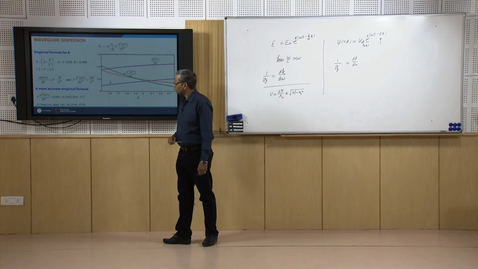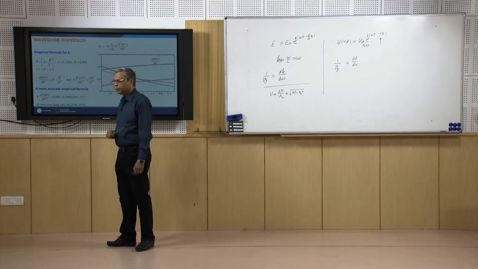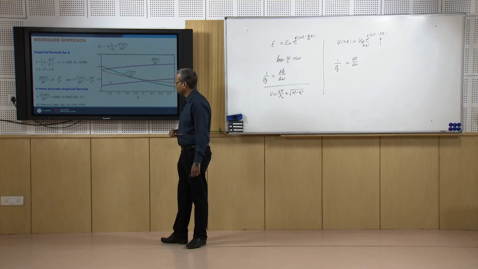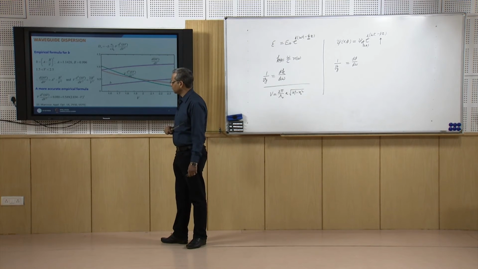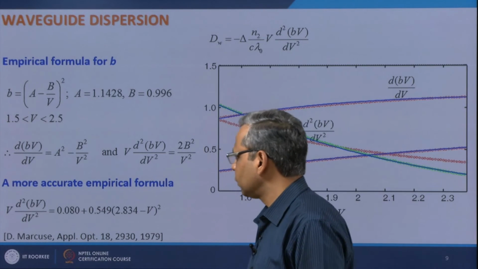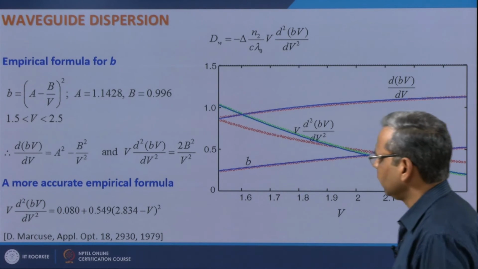Then Marcuse in 1979 gave another empirical formula which is much more accurate. It is again an empirical relationship between V times d2 Vb over dV square and V, and the relationship is given by this. Okay.